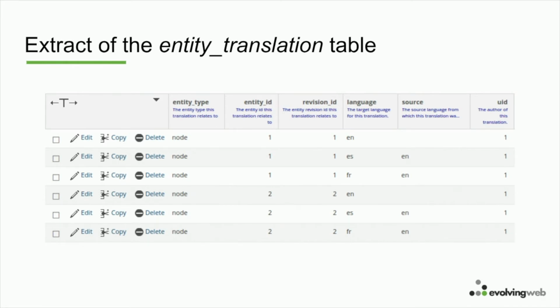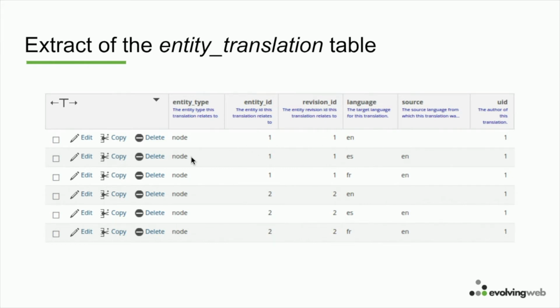So the entity translation module creates a big table, which is like a registry of all the translations that are going on. In this case, I created node ID 1 first, which was the German Shepherd Dog that I talked about. And the language is EN. And if you see, source is empty because there was no source language for this. I created it by typing it on the keyboard.